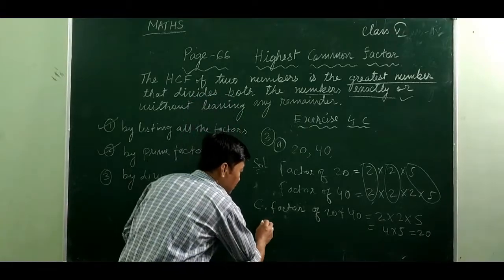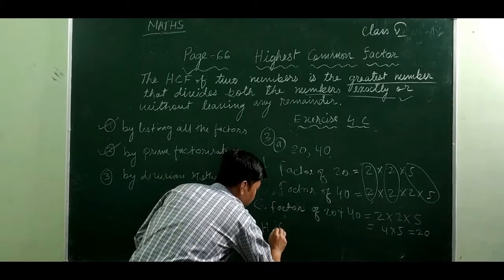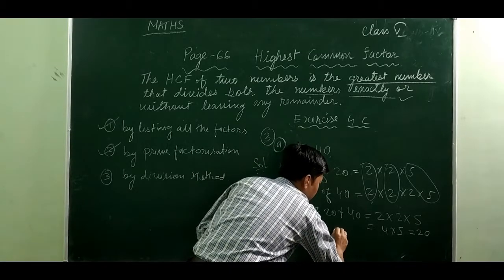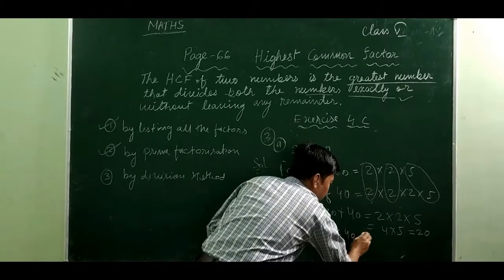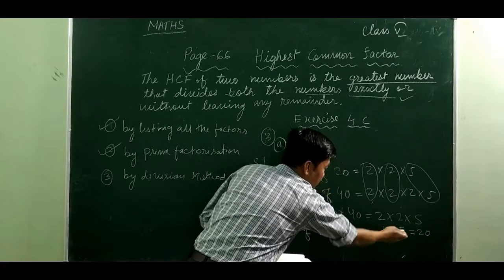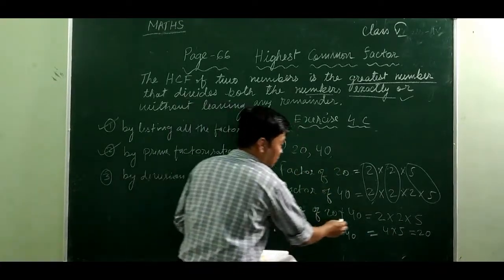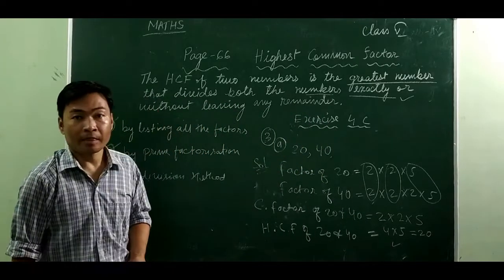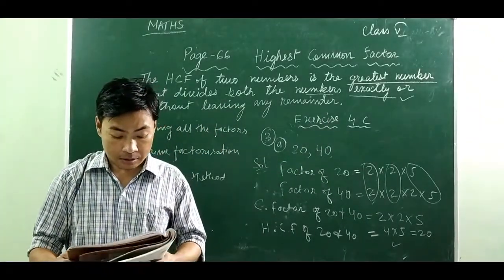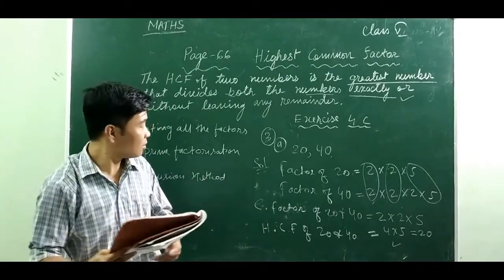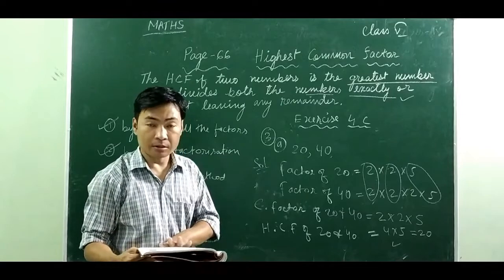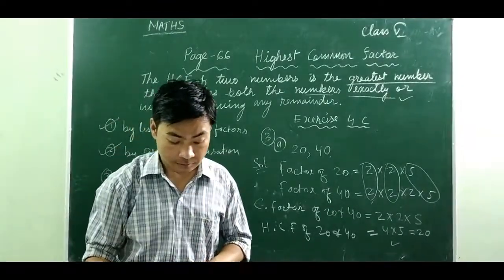Now the HCF of 20 and 40 is 20. This is the common factor and this is the highest common factor. Now number 3A has been done for you. The rest of the numbers you practice at home.